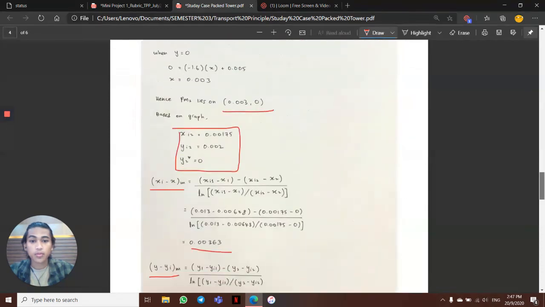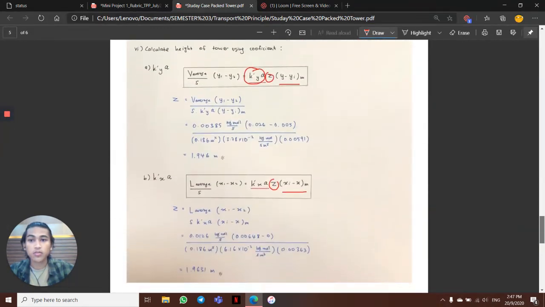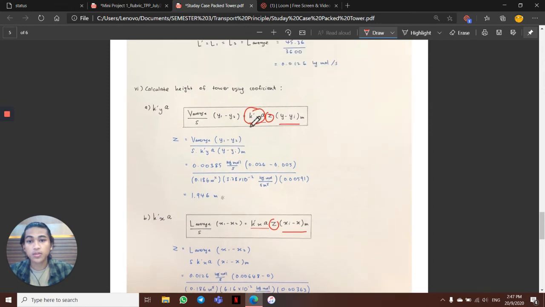So we go back to the last step. Just insert all of the values to find z, the height of the tower. From this equation, we have to isolate z on the left of the equation.